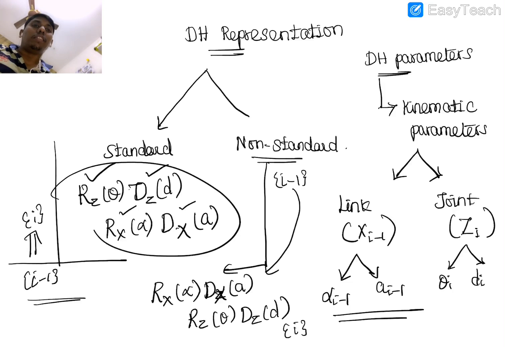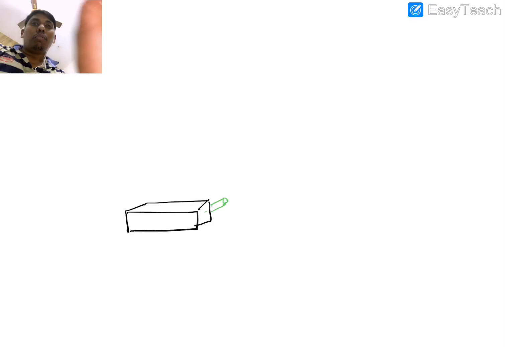Since the lecture on DH representation has been delivered, I'll take one simple example on the board. Just to give an idea, I take three square blocks. This is the first block, and there is another block connected like this. The second block is parallel, and I am drawing it in another color.